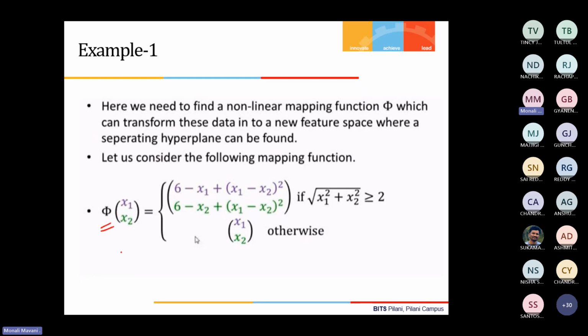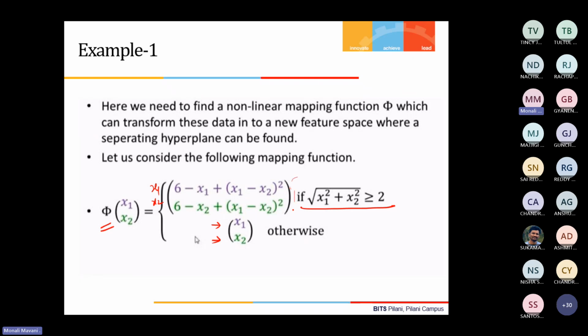This is a transformation function defined. So we are transforming x1 and x2 if this condition is satisfied. Otherwise, we are retaining x1 and x2 as they are. As I said, this is a toy example. This particular example will only transform the data points from two-dimensional to two-dimensional, because we cannot easily visualize three-dimensional.